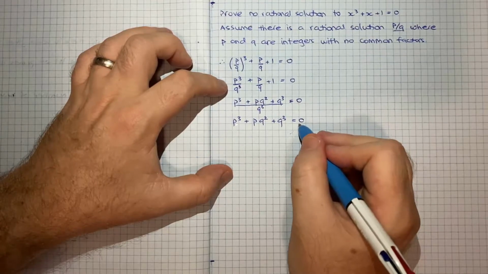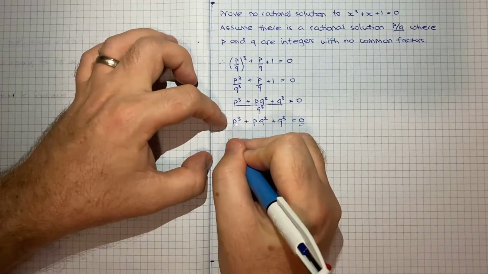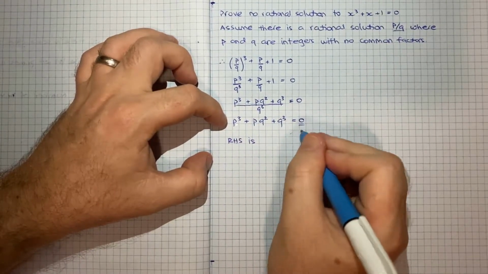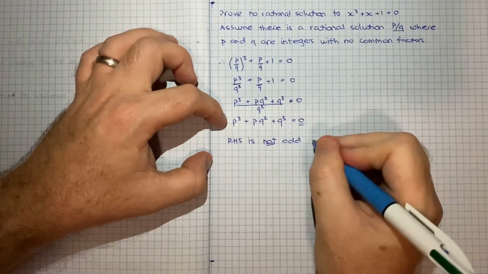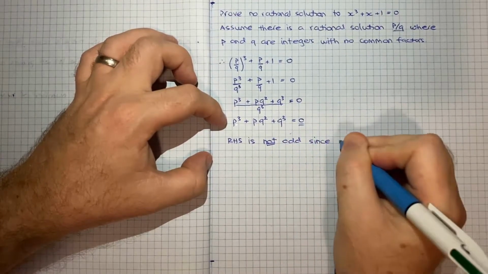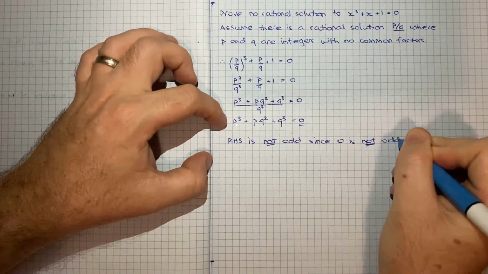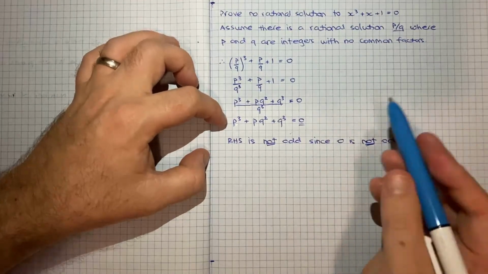Now, given the right-hand side is 0, I'm going to describe this as not odd, since 0 is not odd. I won't necessarily say 0 is even, because that's potentially controversial.